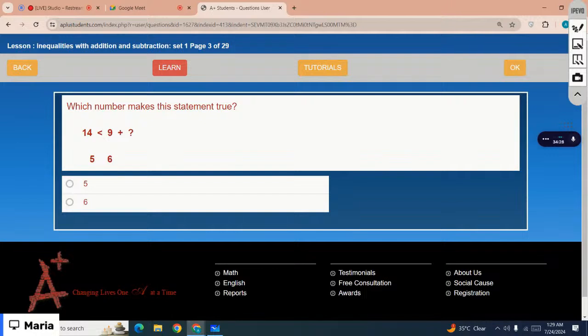Which number makes the statement true? 14 is less than 9 plus which number? 9 plus 5, right? 14 is less than 15. That is 5. The correct option is 5.